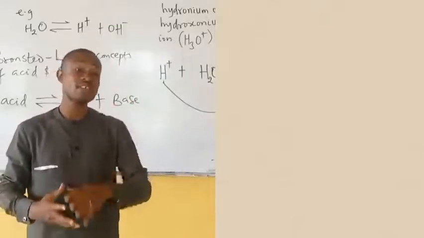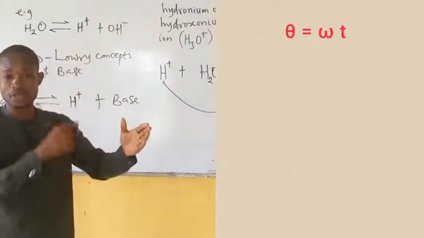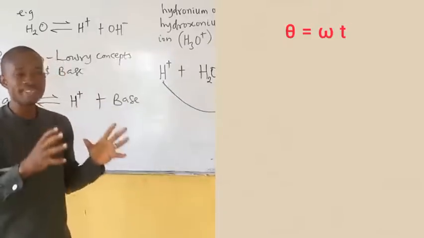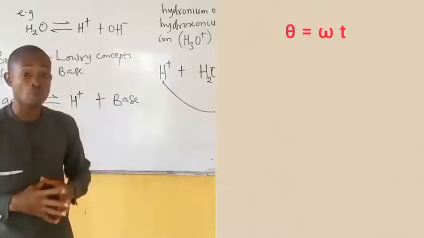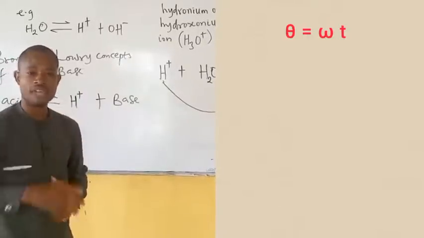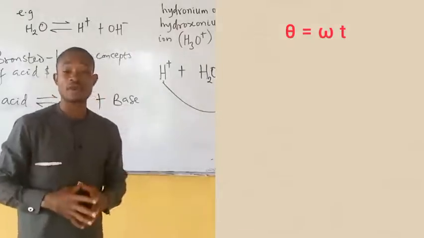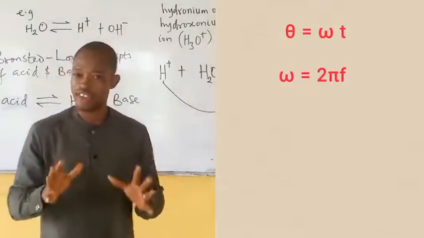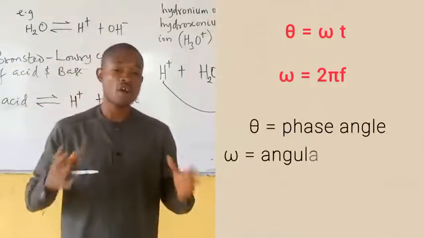Angular displacement is theta, so we have omega equal to theta over t. If I make theta, our phase angle, the subject of the formula, theta is equal to omega t. Don't forget this. And to wrap this up, remember that angular velocity, also known as angular frequency, is equal to 2 pi f, that is 2 times pi times the frequency of the wave.